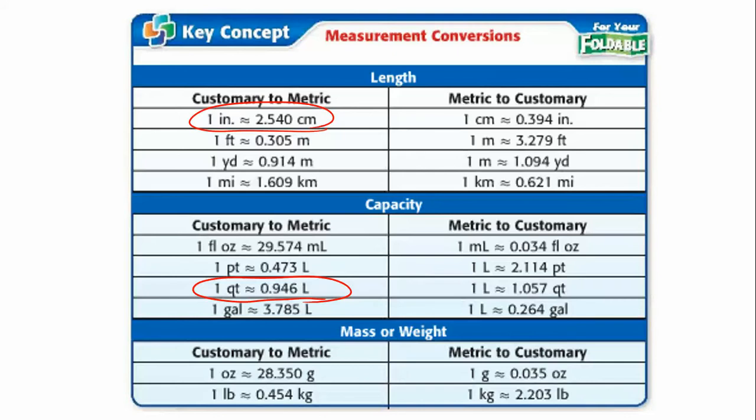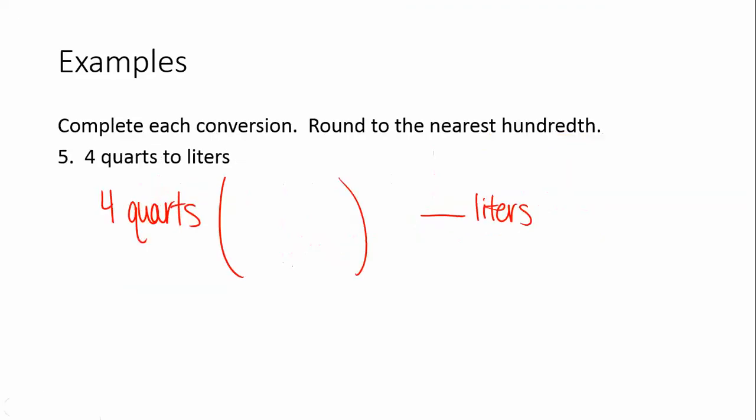So try to remember that 0.946. And the abbreviation for a liter is a capital L, and that was 1 quart is about 0.946 liters.